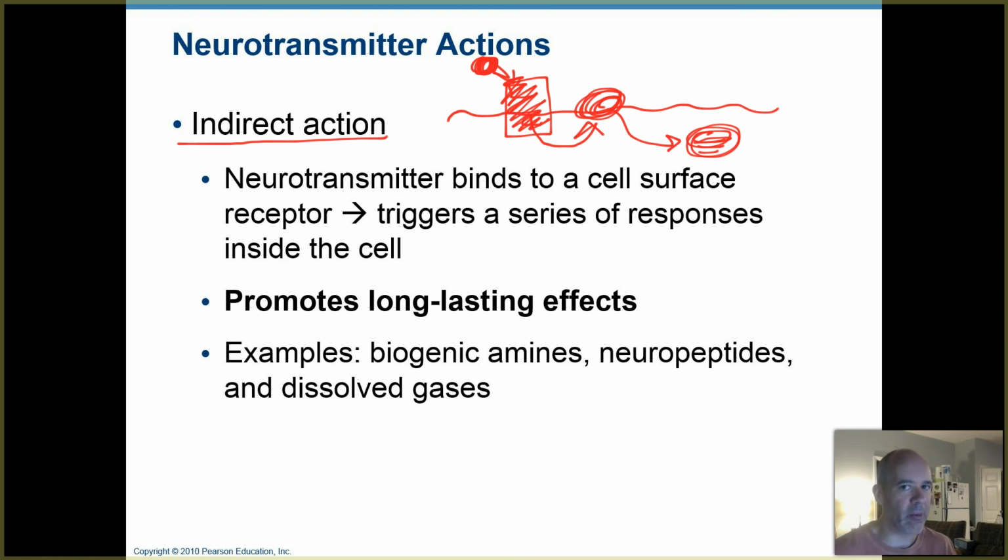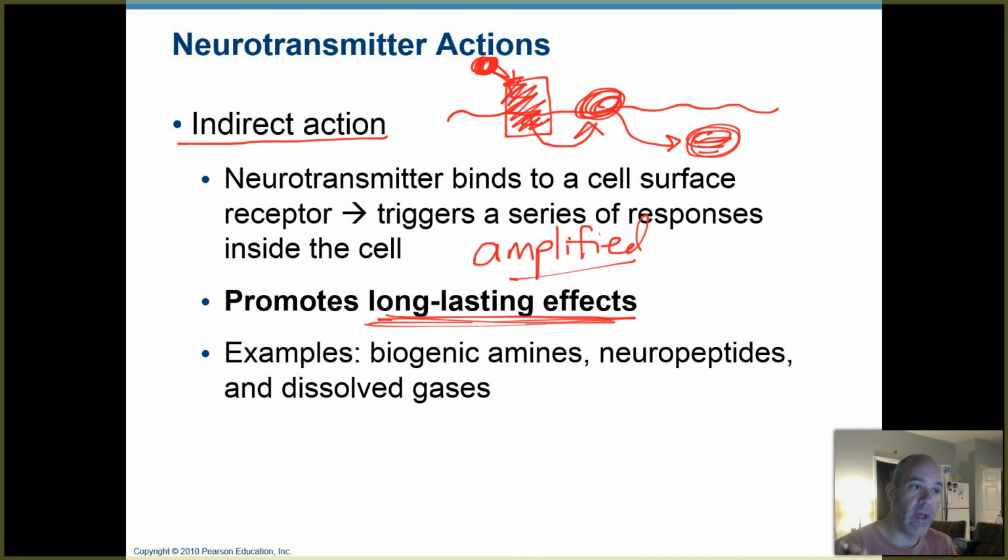You'll learn a little bit more about that when you take Biology 202 and you study the endocrine system, when you start looking at hormone type functions. The effect inside the cell can become amplified, which means maybe a little bit of neurotransmitter binding at the surface can actually trigger longer lasting effects, a longer response inside the cell.